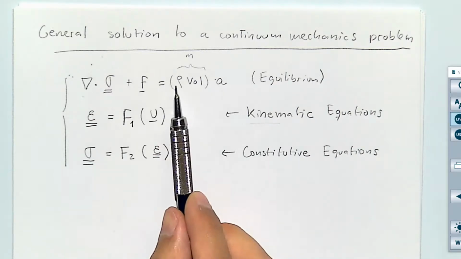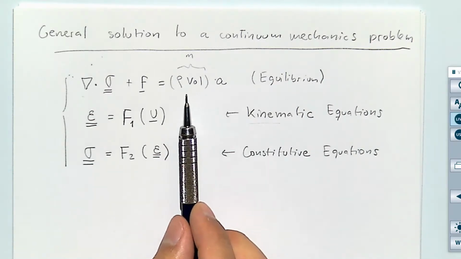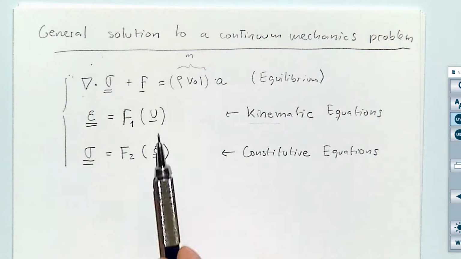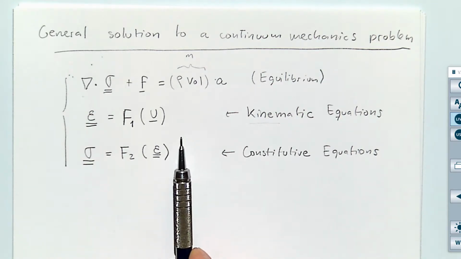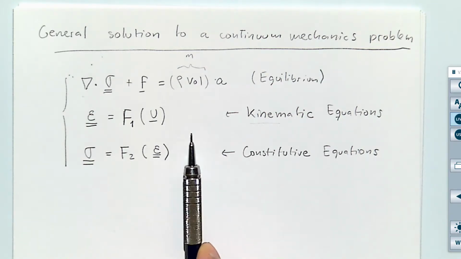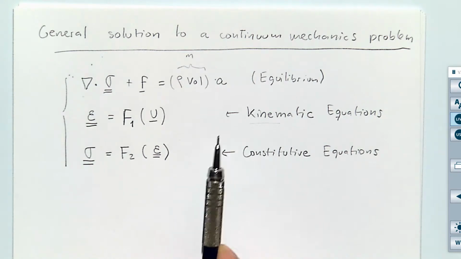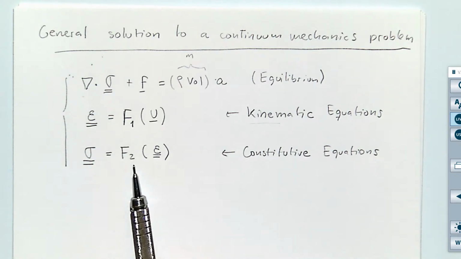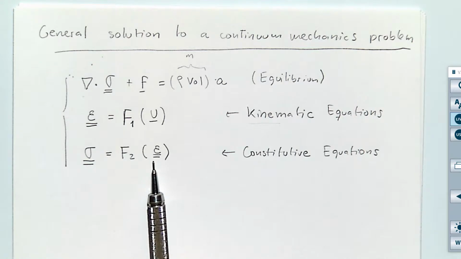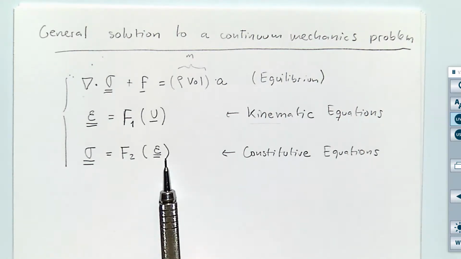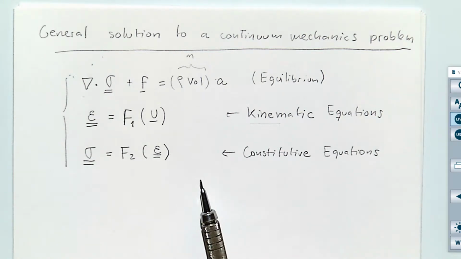The first two don't. The first one is equilibrium, valid for anything. The second one relates displacements and strains, so it's also valid for anything. And the third one tells you how much stress you're going to get from deforming a solid a certain amount, and that does depend on the properties of the material.